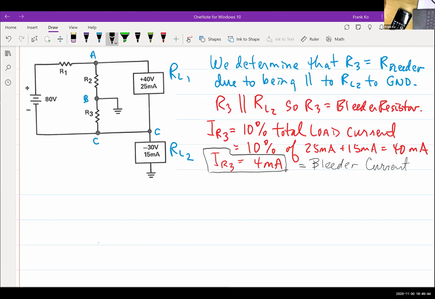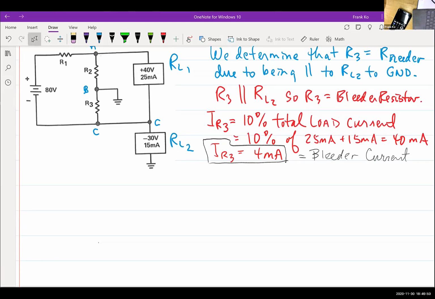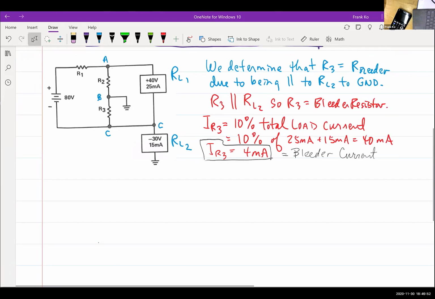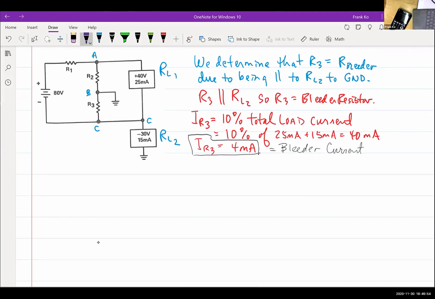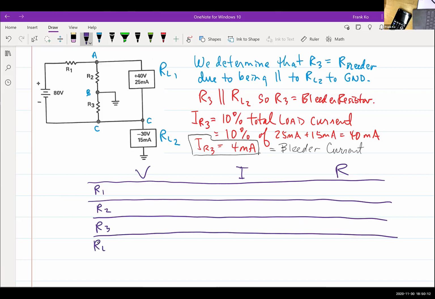Okay, so now if we go to do this, shrink this up a little bit so I can still see the circuit, and I will have a V, I, and an R. I need an R1. I need an R2. I need an R3. I need an RL1.